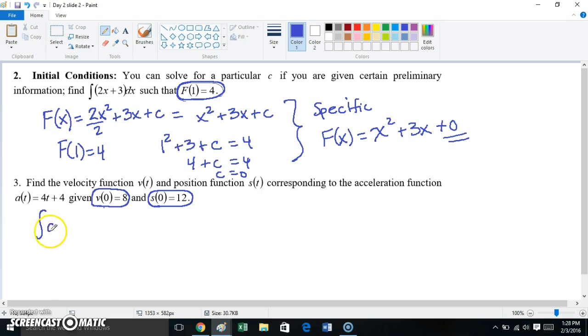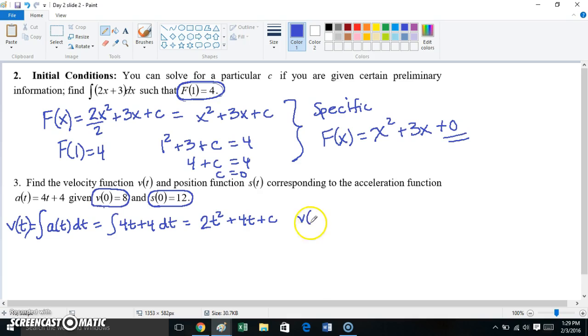Okay, so we know that the integral of a of t dt will equal the velocity function. So the integral of 4t plus 4 dt will be, by the anti-power rule, 2t squared plus 4t plus c.